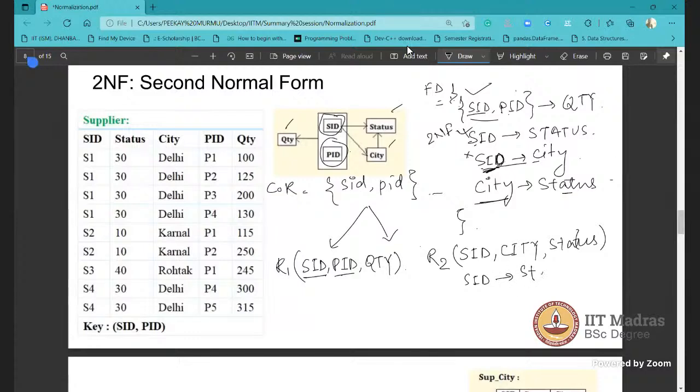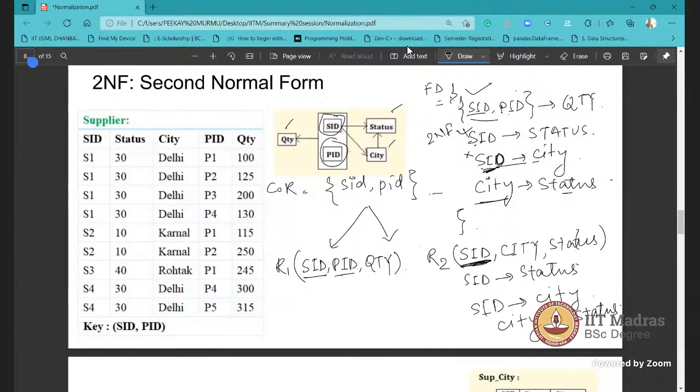SID to status, and SID to CT, CT to status. In that particular, this SID is the primary key, right? Candidate key, primary key. Okay. And CT to status. Okay.